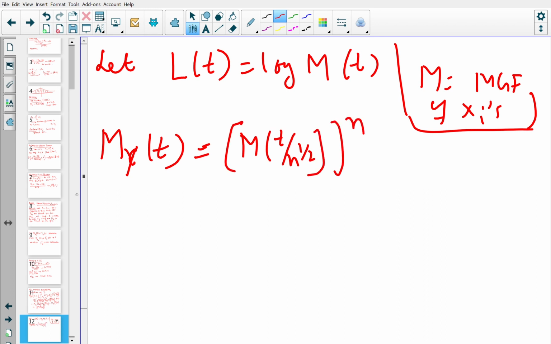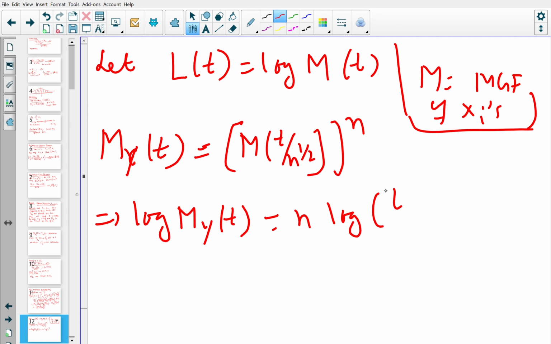So if you take the logarithm on both sides, then the logarithm of the mgf of y at t is nothing but n times the logarithm of m of t over n power half.